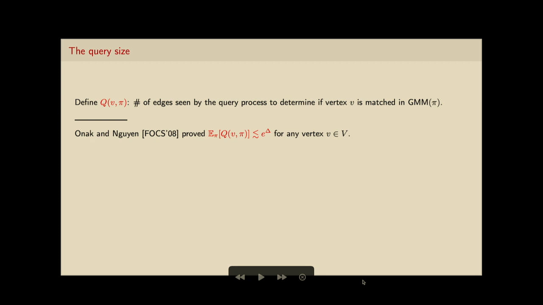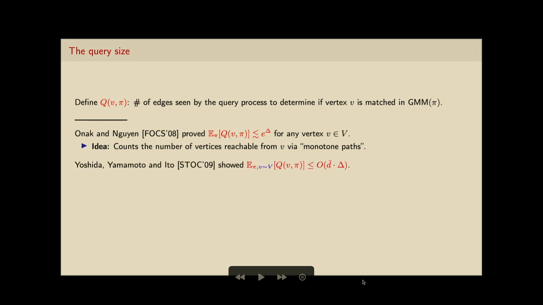What this is not using is the fact that you prune if you find a matching. So if you see a matching edge, you immediately prune. You do not see the rest of the incident edges of that edge. And that turns out to have a significant effect on the query complexity.